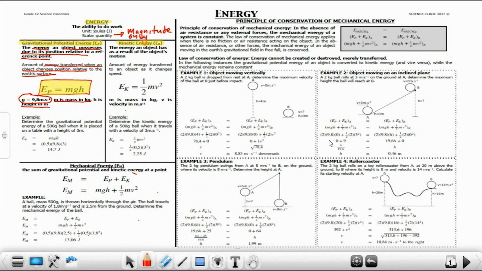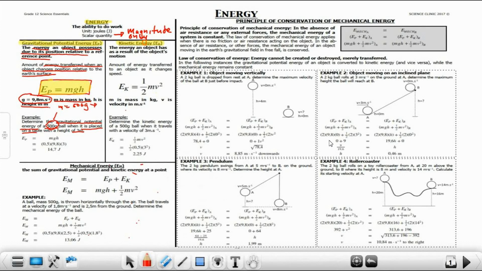So if you check an example here, it says determine the gravitational potential energy of a 500 gram ball when it is placed on a table with a height of 3 meters. But what is key here? First thing is to realize that our mass is given as 500 grams.